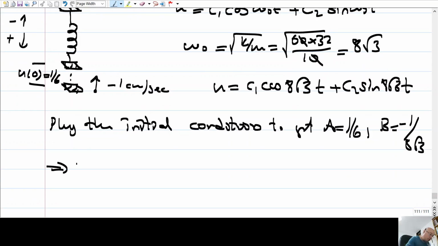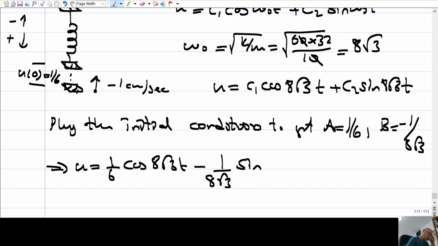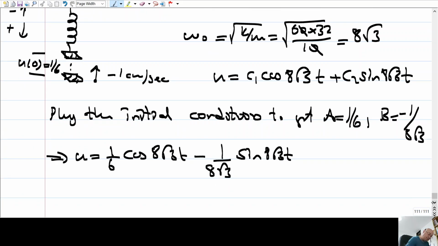So u is just 1 over 6 times cosine 8 root 3 t, minus 1 over 8 root 3 times sine 8 root 3 t.